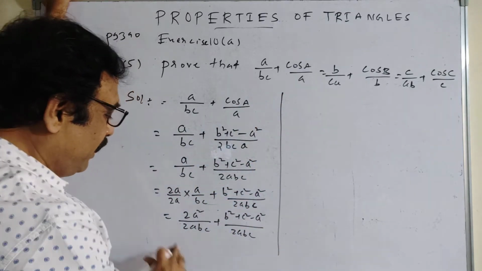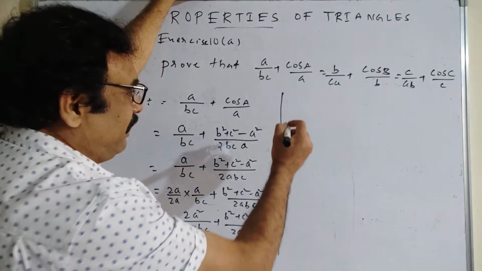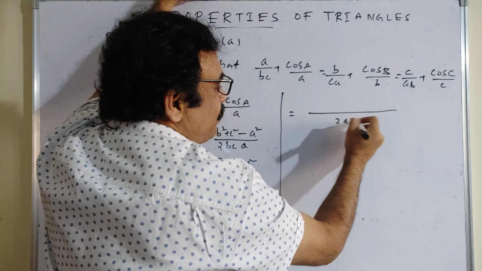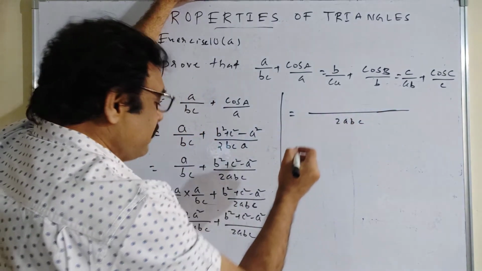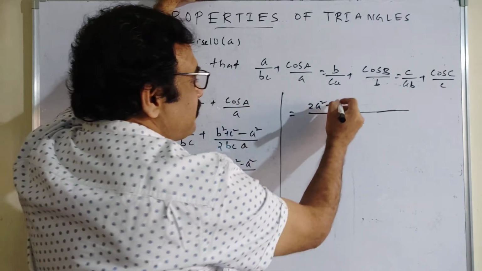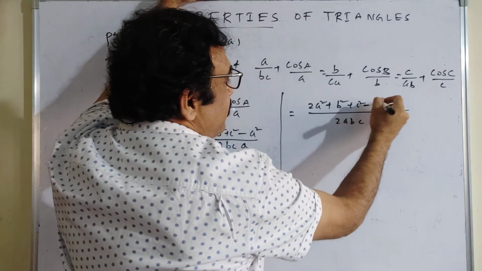Now, the denominators 2abc and 2abc are the same, so taking the LCM is very easy. Upon taking the LCM, what exactly are you getting? This is 2a square plus b square plus c square minus a square.